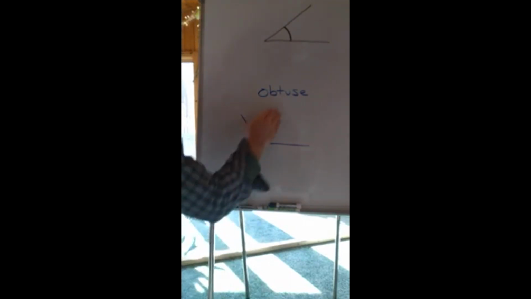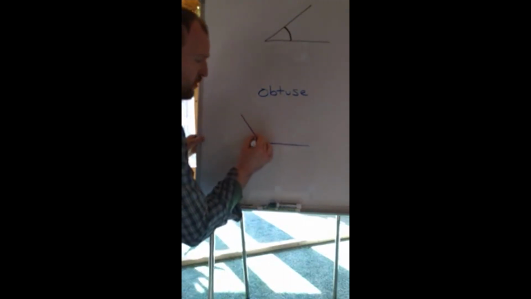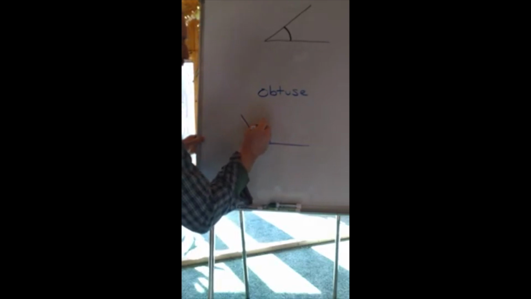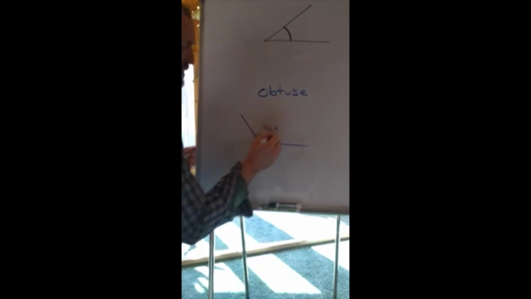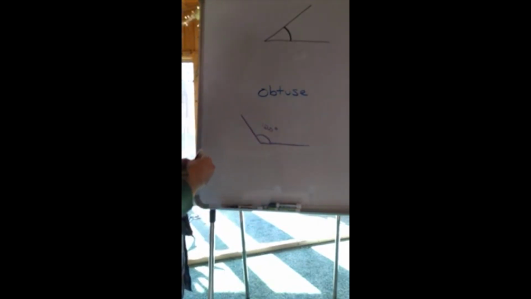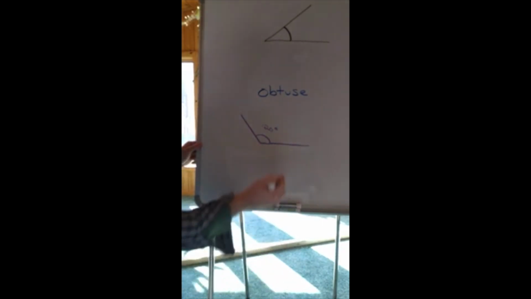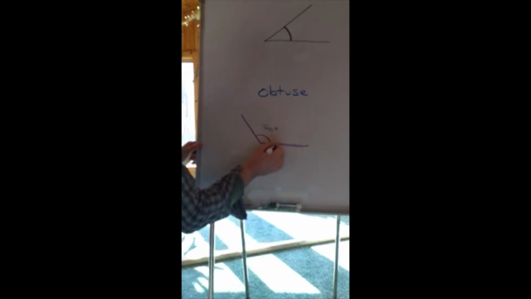This angle here measures 120 degrees. Or I hope it does. I haven't measured it with the protractor yet, but it measures 120 degrees, so it's gone up beyond 90 and to 120. Now, like I showed you with the boards, let's say that this line continues on.